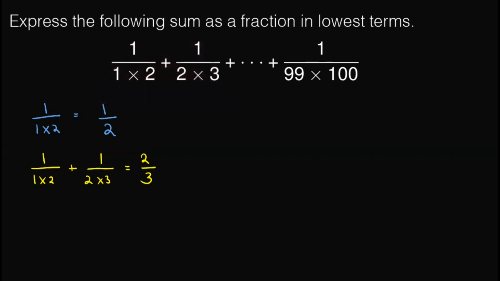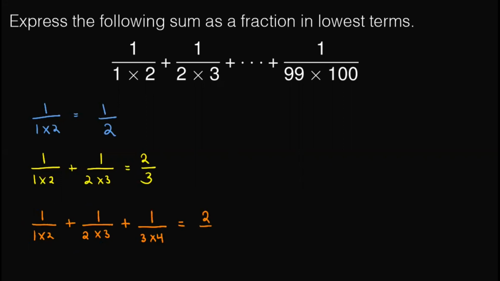checking or observing the terms 1 over 1 times 2 plus 1 over 2 times 3 plus 1 over the next one, which is 3 times 4. And note that this one out here is simply 2 over 3, since we have already calculated that one above.